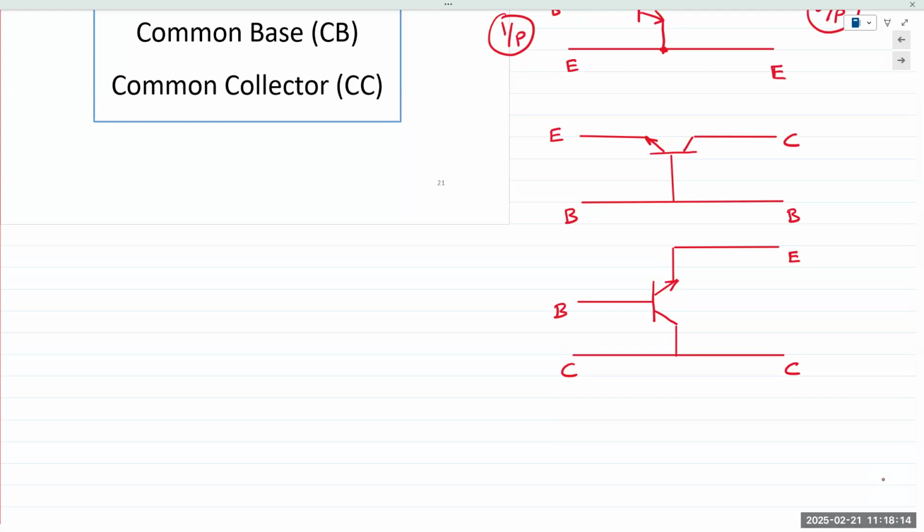There are advantages and disadvantages of all three, but common emitter by far has the most advantages. So CE mode is the most popular, which is when you bias the transistor to work in the active region. That's in lab 8.